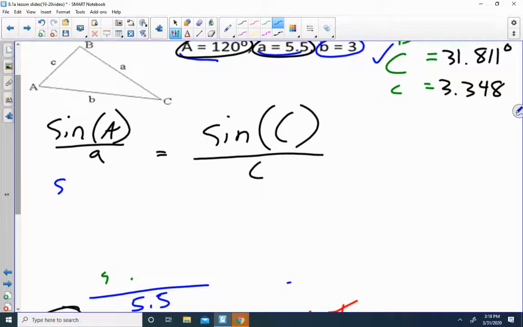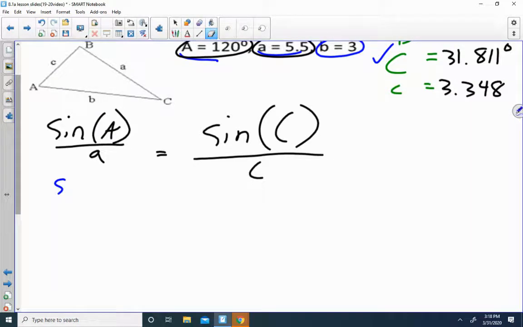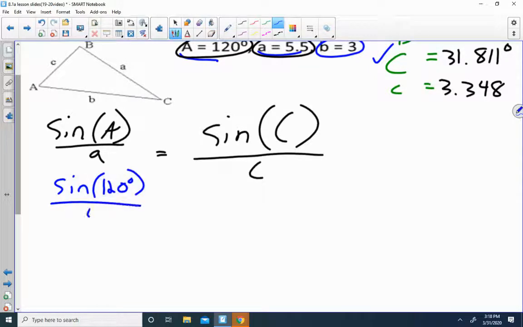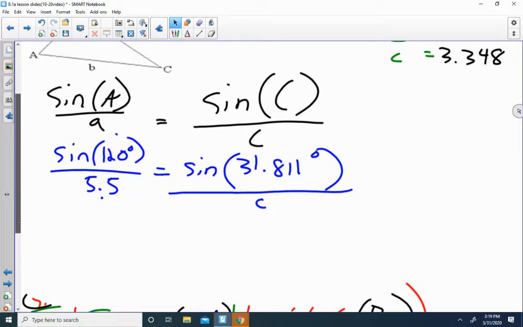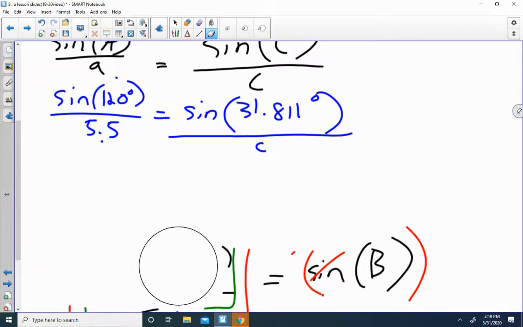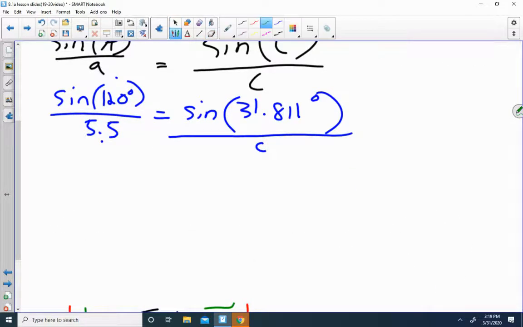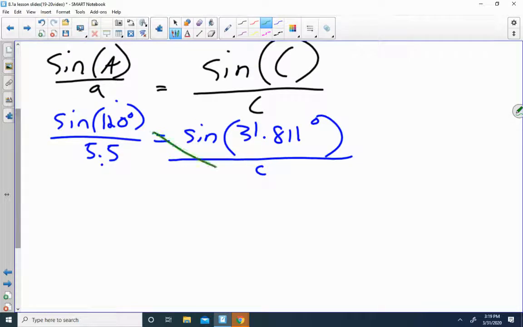All right, plug and chug and go from there. So sine of 120 degrees divided by 5.5, big A, little a. Sine of c, where c is 31.811, and that's going to be all divided by little c. So then from here, you just got to cross multiply. So cross multiply here, that's going to give you c times sine of 120 degrees.